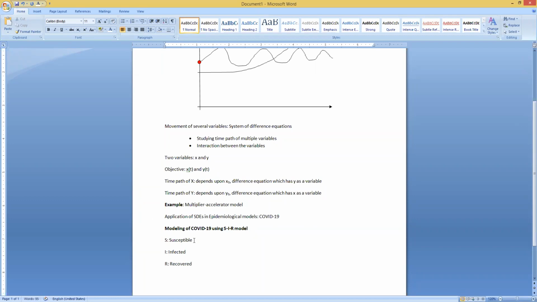Susceptible is basically the population who have not been infected and therefore may have COVID-19 sometime in the future.